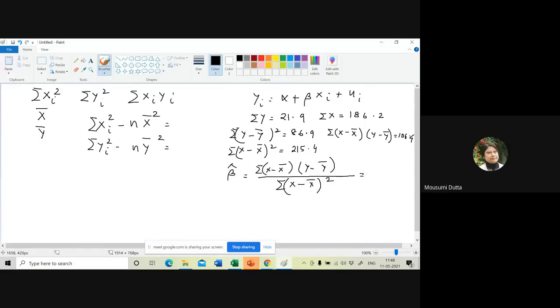So all the information is already there. You have to put the information and calculate it. So it is 106.4 divided by 215.4, and that is 0.494.